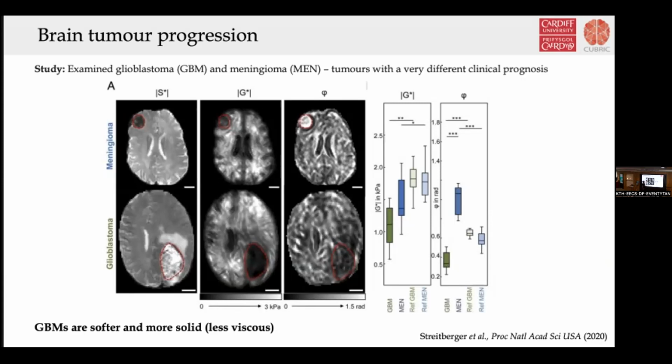In comparison, a glioblastoma is even softer, but it's more elastic than viscous. So glioblastomas are softer and more solid, and theories from fluid mechanics suggest this may contribute to why glioblastomas are so aggressive, invasive, and can infiltrate surrounding tissue.